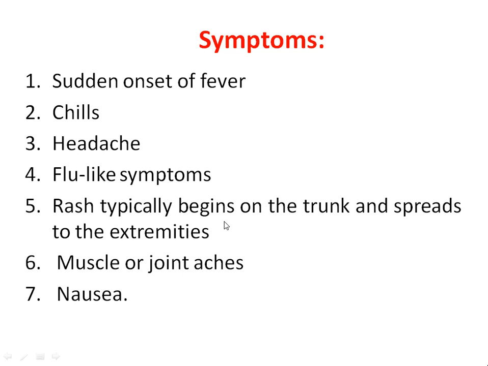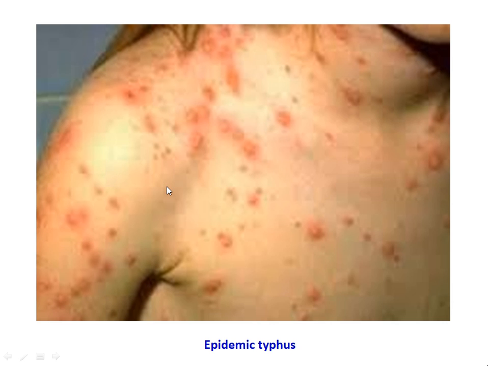Rashes appear in the trunk region and spread to the extremities. First it appears in the trunk region, and then gradually spreads to the upper and lower extremities. Also muscle and joint pains, joint aches, and nausea. So these are the symptoms of epidemic typhus.